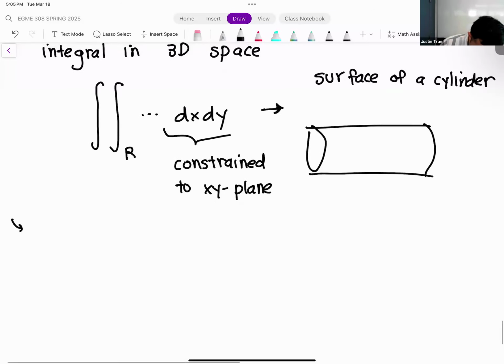Okay. So what do we need to compute a surface integral? Well, let's take some inspiration from our line integrals from before. Just like in our line integrals, where we needed a parameterization of our curve, in this case we need a parameterization of our surface.